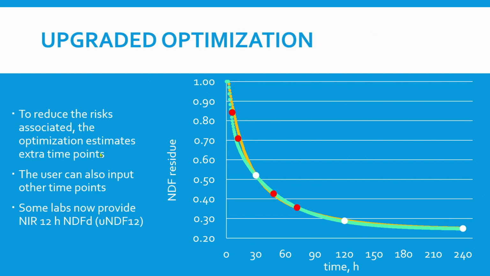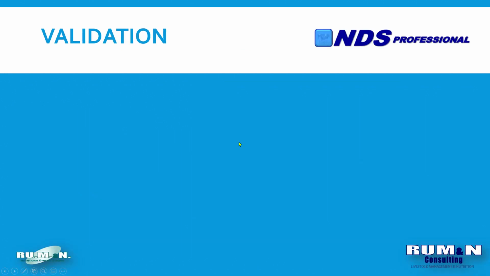One way was to develop an algorithm where we could estimate virtual time points of NDF digestibility, and another way would be to add true NDF digestibility before these 30 hours, and labs actually provide 12 hours NDF digestibility.